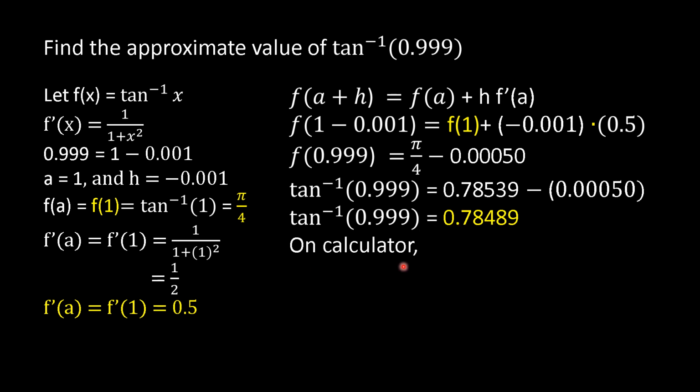Now on calculator, the value of tan inverse of 0.999 is 0.78489. So we get the same value as we get on the calculator.